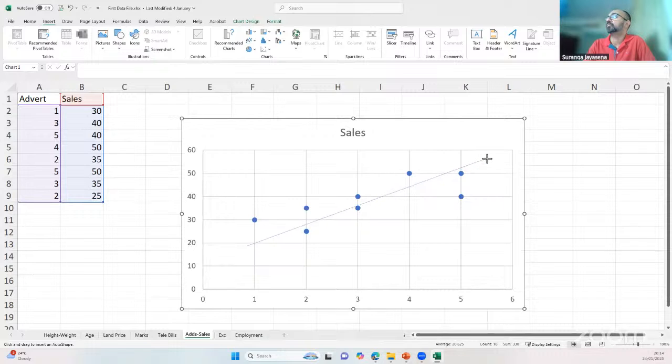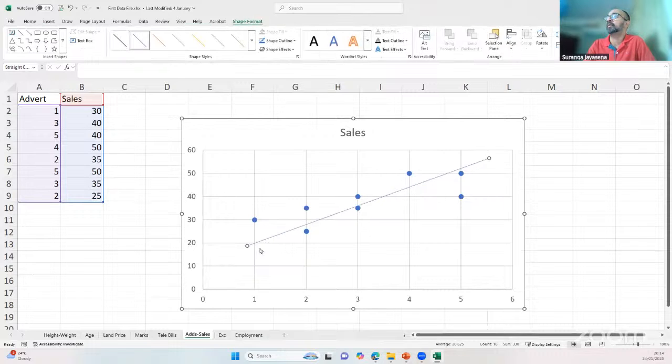Okay, so I'll draw an imaginary line here. Is that a fit? I'll change the color to something else.